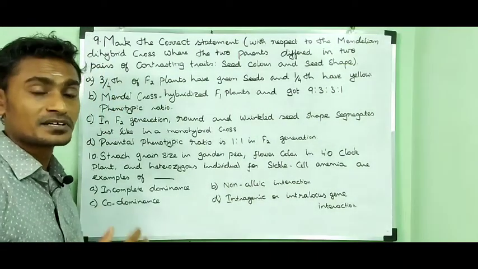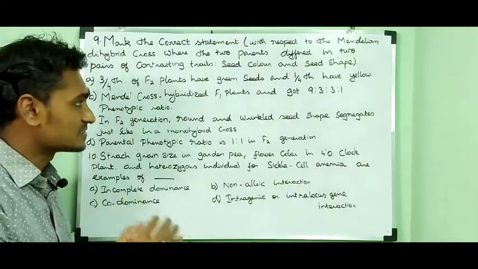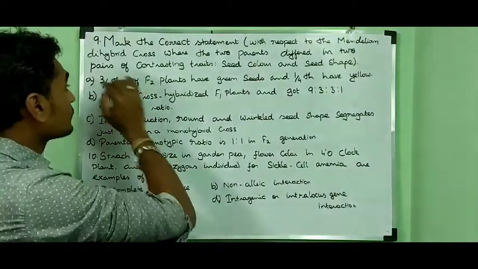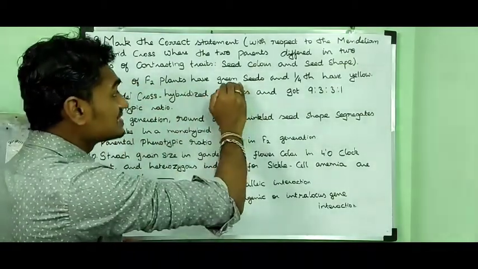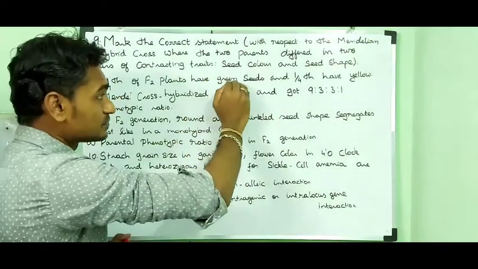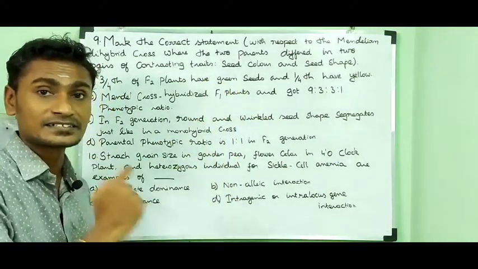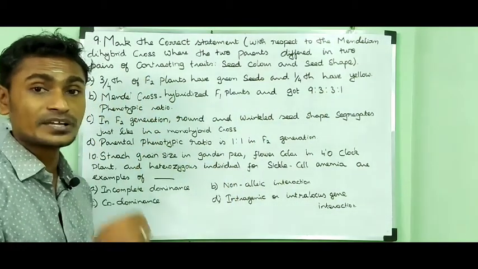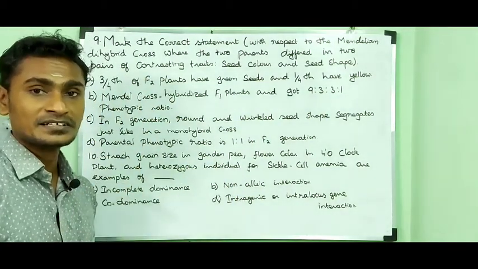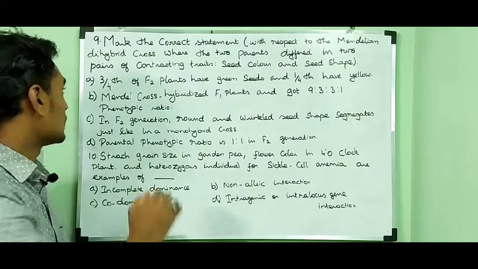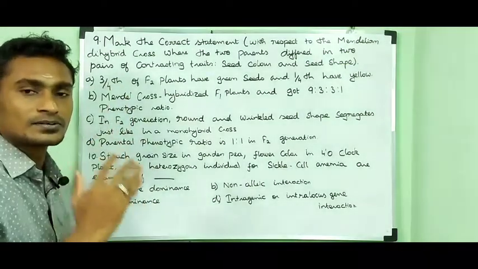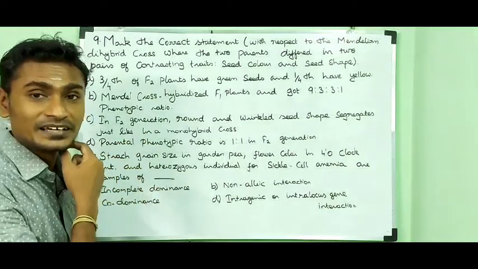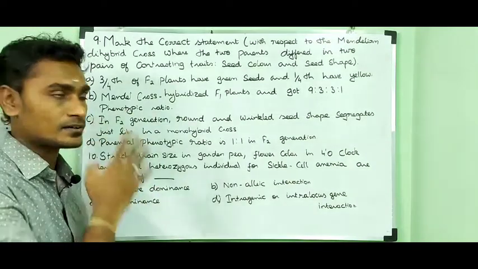The phenotypic ratio of a dihybrid cross is 9:3:3:1. Green seeds represent the recessive character and yellow seeds the dominant character, so 3/4 cannot represent the recessive character. Option A is the wrong answer.